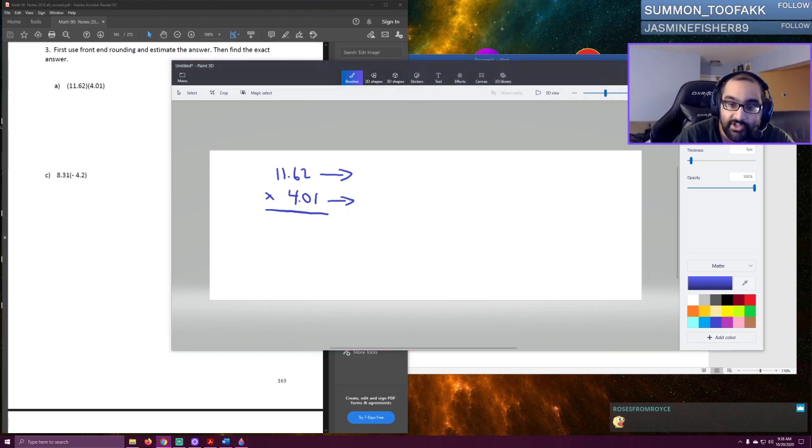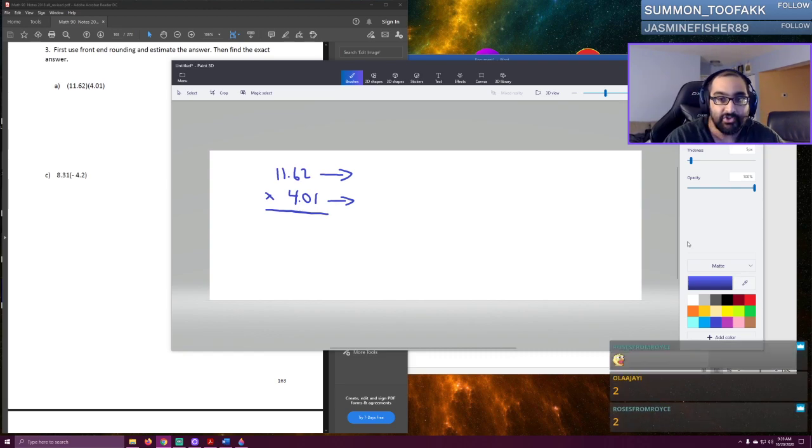How many decimal places do we see here in 11.62? All right, 2. That's correct. So there's going to be 2 decimal places here.